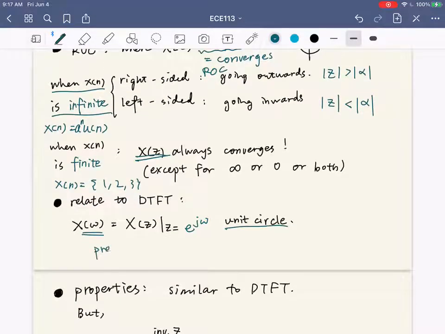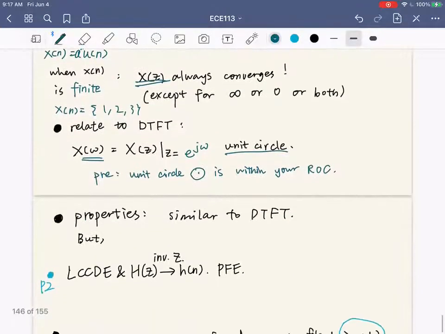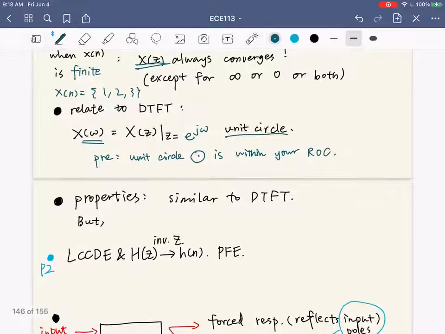But there is a prerequisite: the unit circle must be within your ROC. Otherwise it cannot converge and it will not have any meaning.